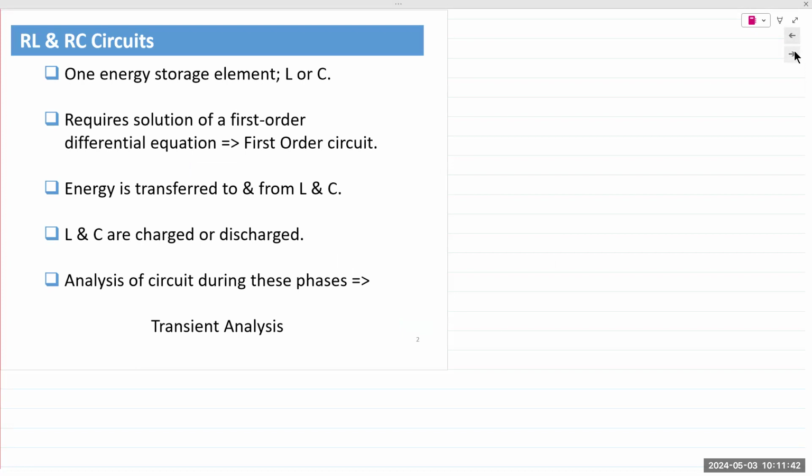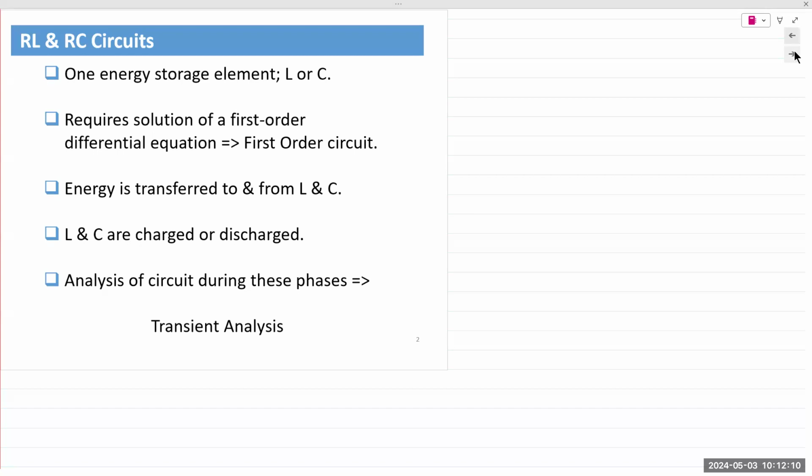That time required to either receive the energy into the component or discharge it back into the circuit depends on the size of the component as well as the circuit conditions. Basically, the size of the container, the fluid flow, and the size of the pipe, right? So the smaller the size, the faster it fills up or the faster it loses the energy. The bigger the size, the more time it requires.